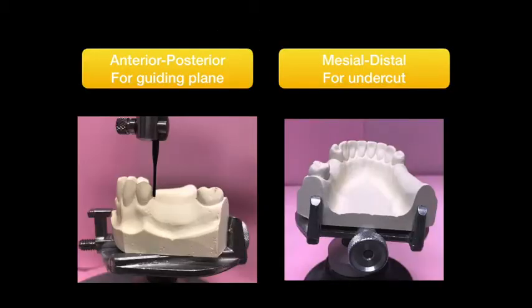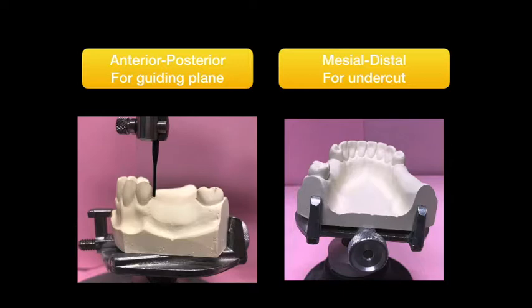Then you do your diagnostic surveying. You put the cast on the surveyor to find out if you can tilt the cast properly so you can find the undercuts on those 3 locations all at the same time. When you survey and adjust anterior-posterior, you will affect your guiding plane locations.